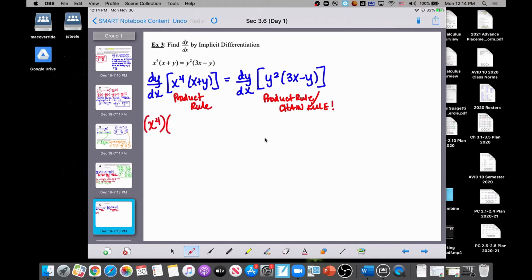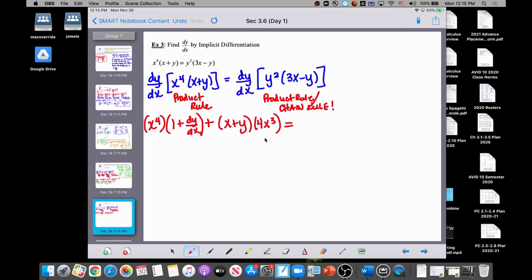And then derivative of x plus y, well, that's going to be 1 plus, and the derivative of y is going to be y prime. This time I'm going to use dy dx notation just to mix it up. Means the same thing as y prime, right? So that's first d second plus, now I need second d first. So x plus y, and the derivative of the first, the derivative of x to the fourth, is going to be 4x cubed. Okay, so left side is done.